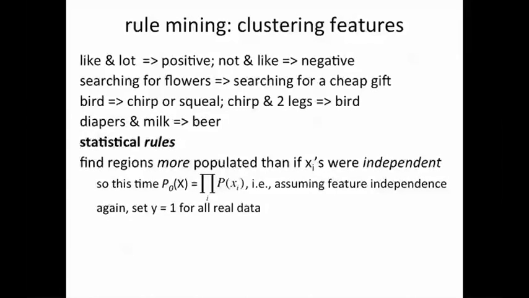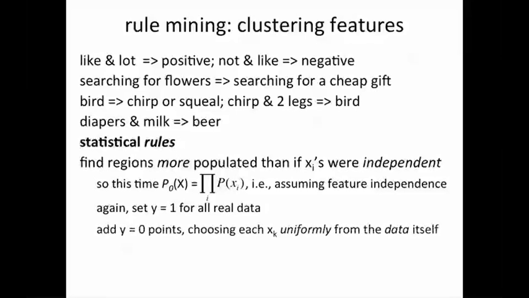So if we conduct our thought experiment again and set y equal to 1 for all the real data, that means the data that actually exists, and add y equal to 0 points, that means extra points, by picking points where each feature is uniformly chosen, not at random, but from the data. So the probability of choosing a chirp depends on the number of times chirp occurs in the data independently of any other feature.